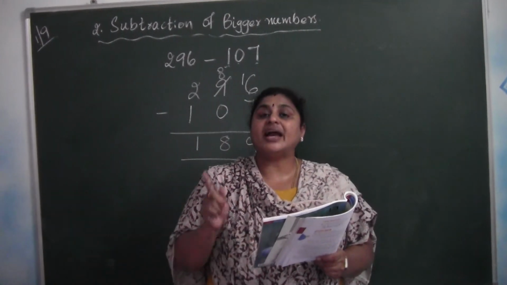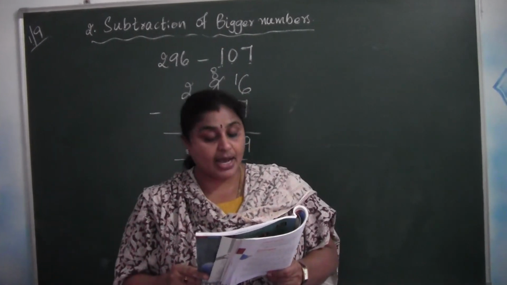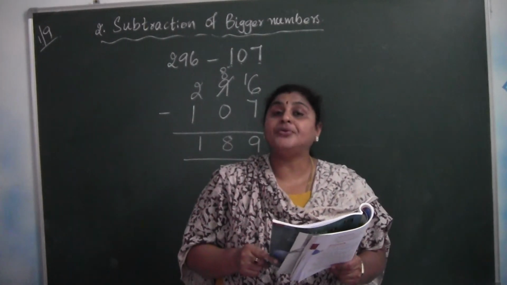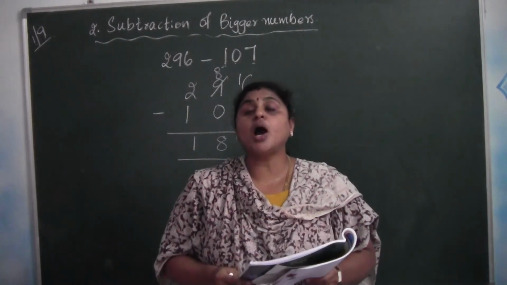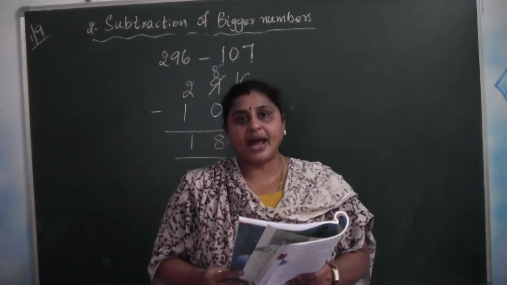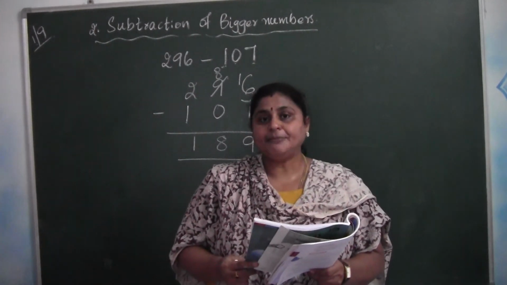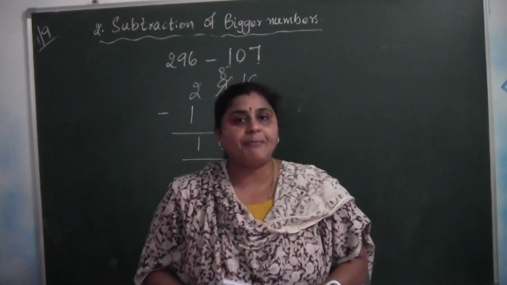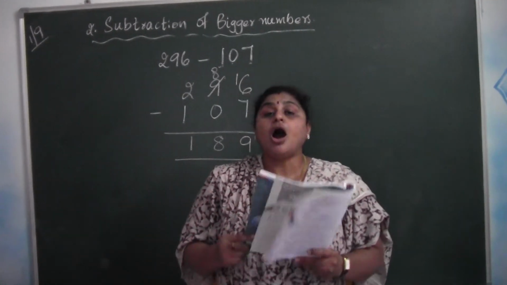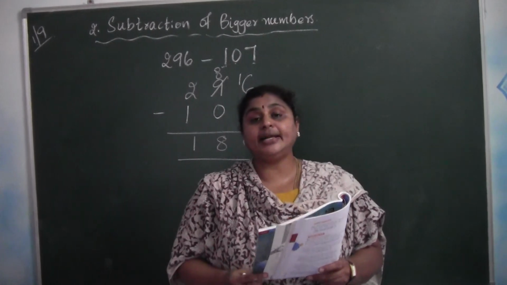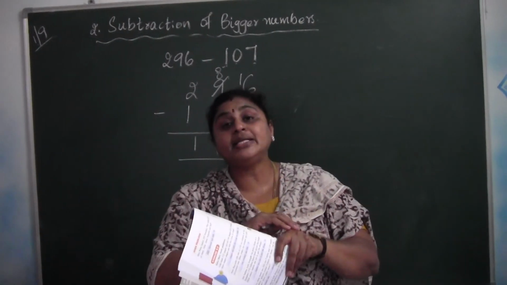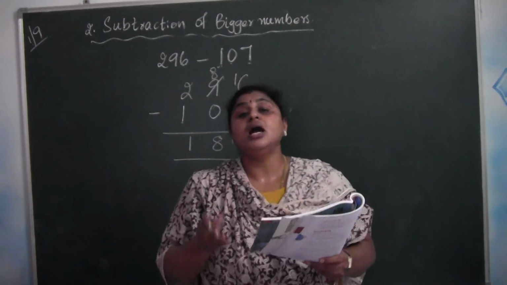While cleaning the park, Uday picked up how many wrappers, children? 235 wrappers. And Leena picked up 238 wrappers. Now you need to find out how many wrappers were collected in all. It means you are going to add the numbers.